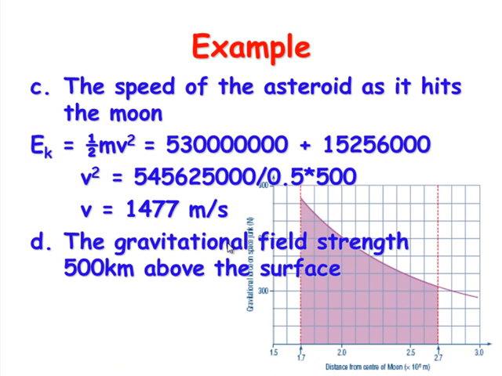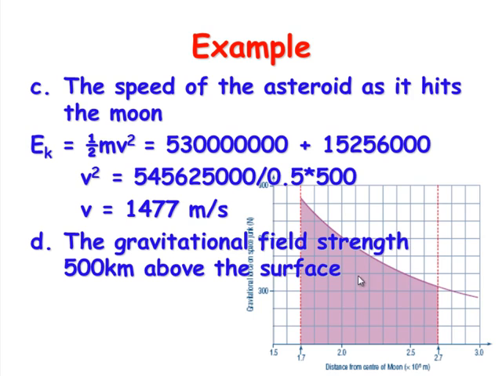Okay, find the gravitational field strength 500 kilometers above the surface. So we need to look at 500 kilometers above the surface, so 1, 2, 3, 4, 5, and then up. We've got a force of 500 newtons acting on the asteroid at that point.